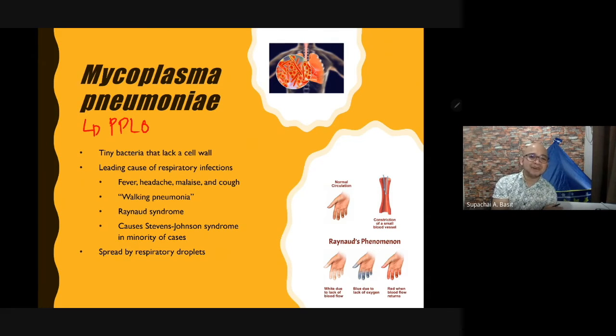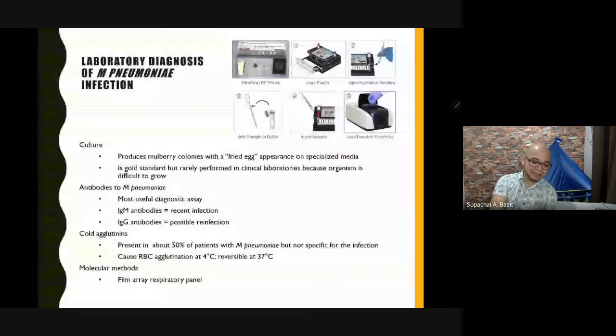It's a leading cause of respiratory infection characterized by fever, headache, malaise, and cough. And it is also the etiologic agent of walking pneumonia because some patients could be asymptomatic, characterized also by Raynaud's syndrome, as you can see here.